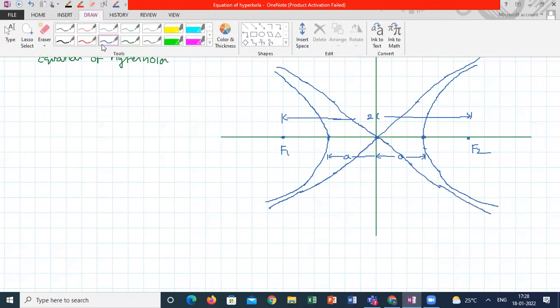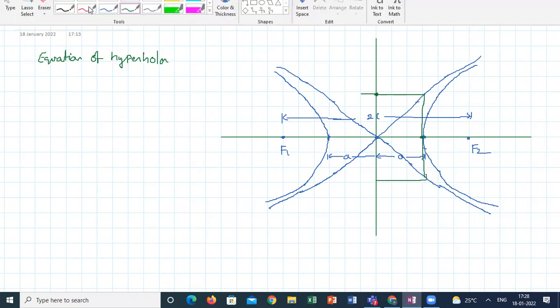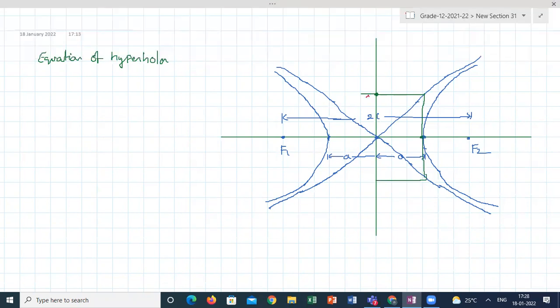To understand the length of the conjugate axis, at the vertex you draw a vertical, and where it is meeting the asymptotes, I will draw in red color. That is the length of 2b. This length is 2b.